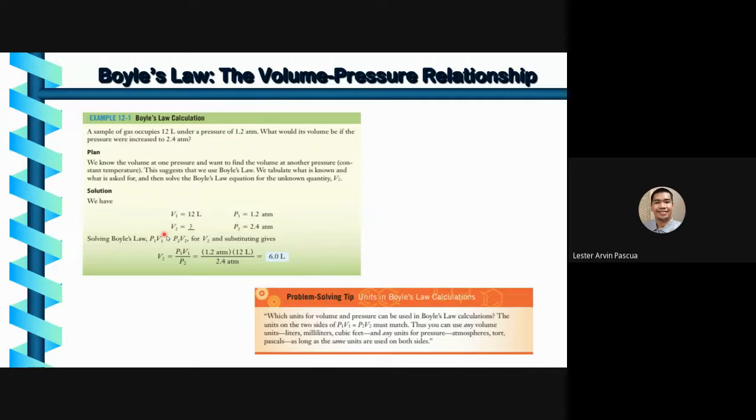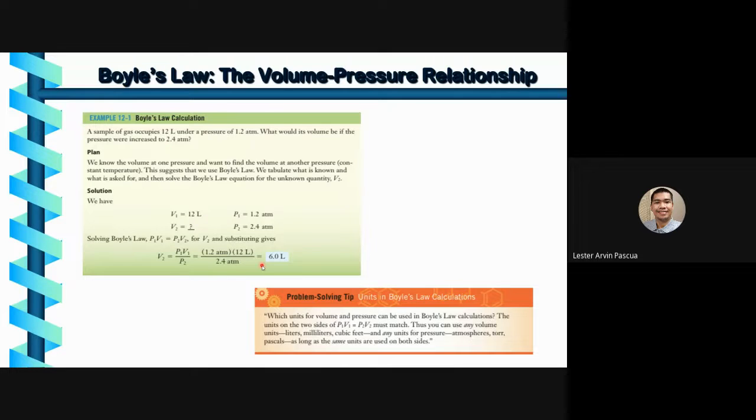Your P1V1 equals P2V2. Very similar siya dun sa M1V1 equals M2V2 ng dilution sa lab, di ba? So, ganun lang. You just plug in the numbers that you're given and you get 6 liters na volume kapag in-increase mo yung pressure to 2.4.